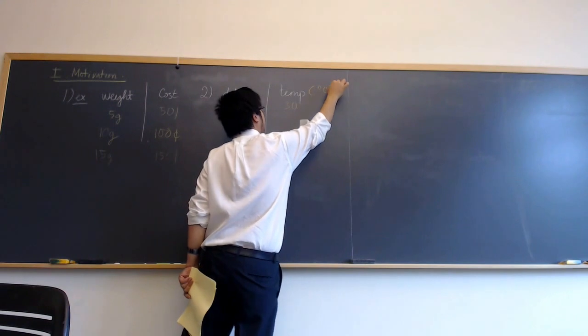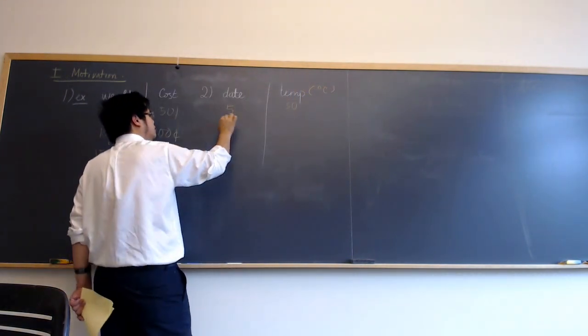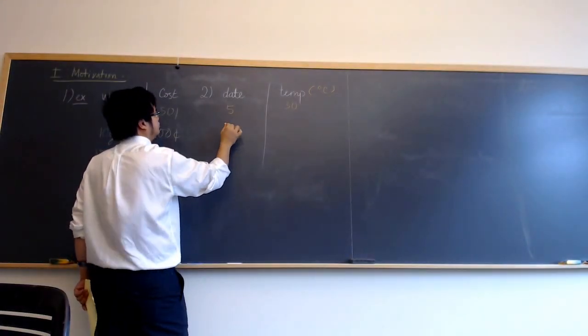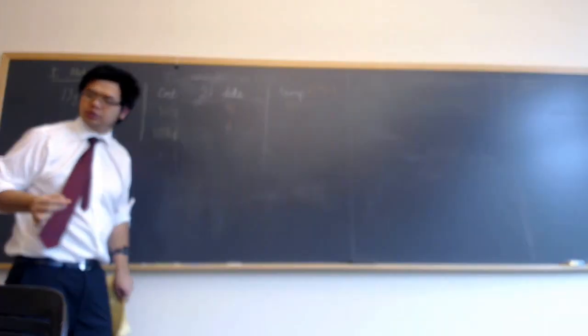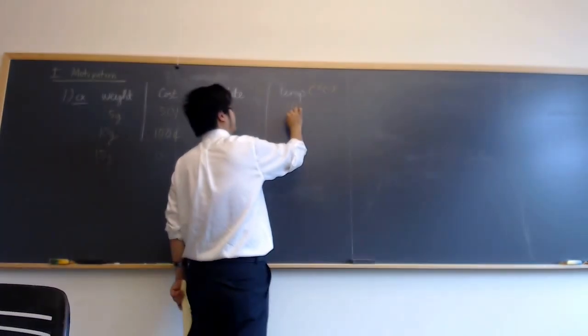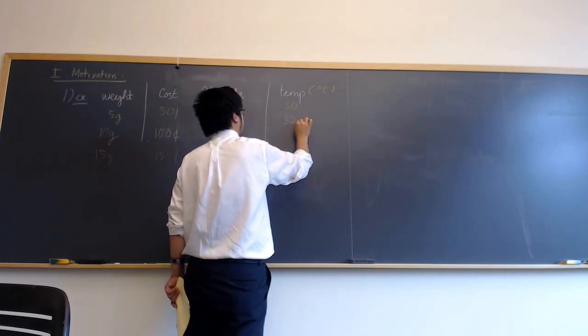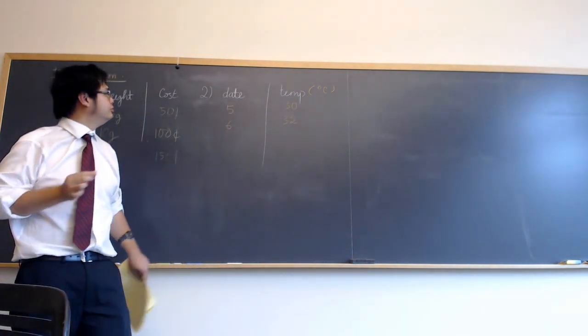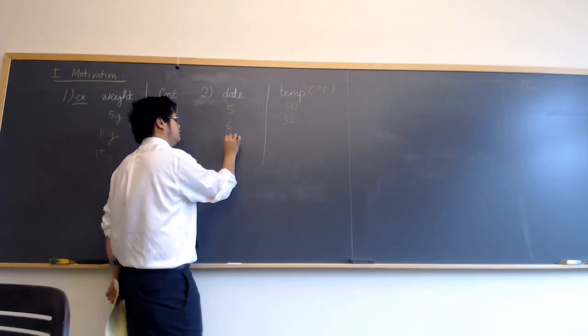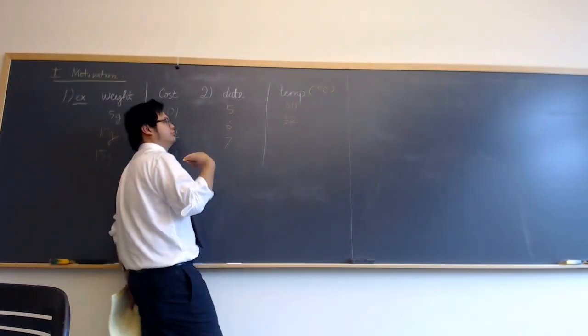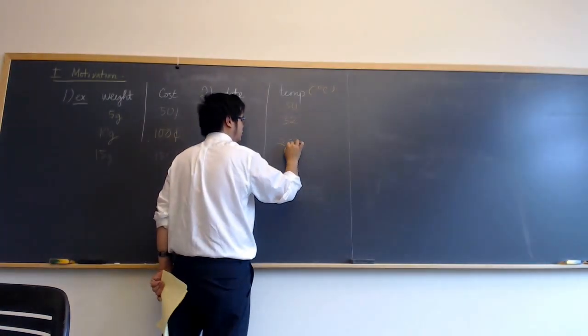Let's see. What about tomorrow, the 6th? Maybe getting hotter, right? So 32. And the day after tomorrow, maybe it's going down. Let's get 38. Let's get colder, get cooler.